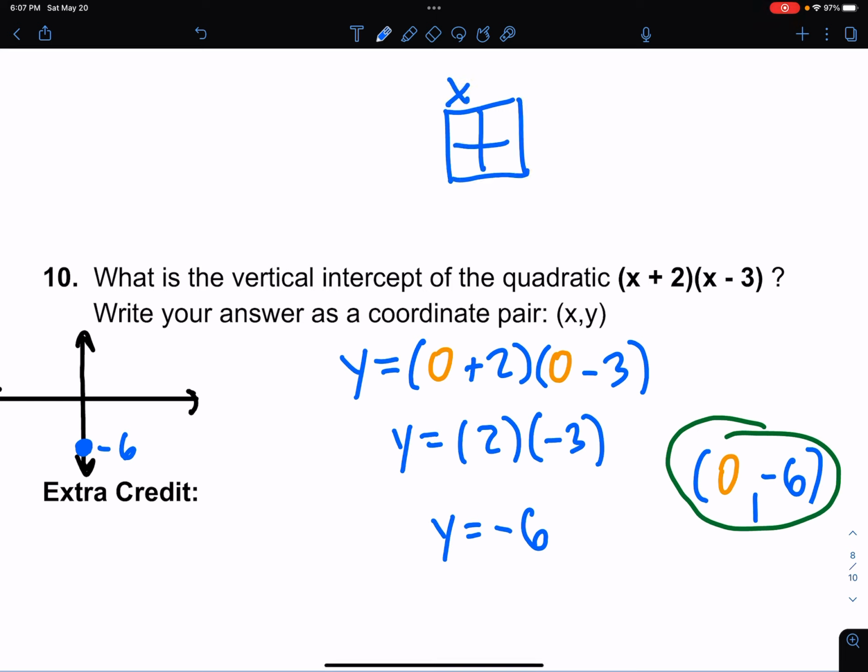x plus 2, x minus 3. X times x is x squared. We got negative 3x. Negative 3x.